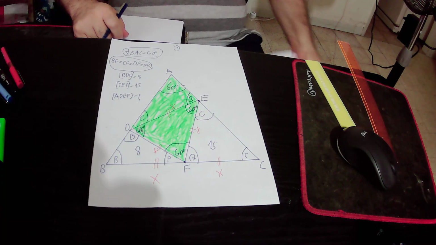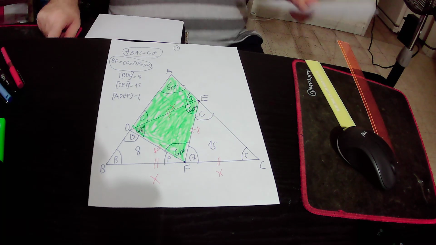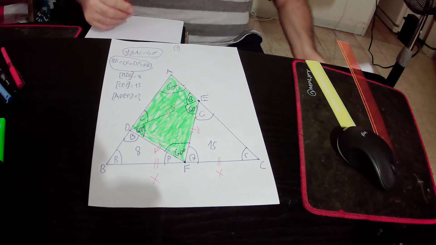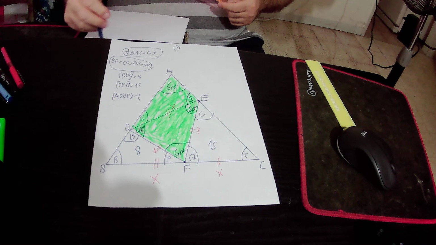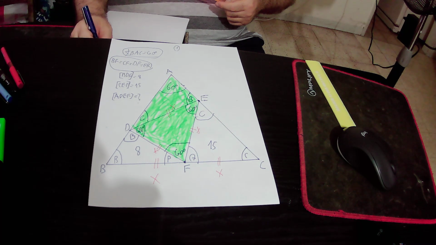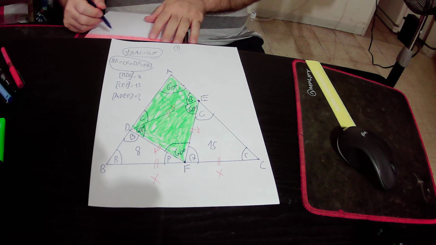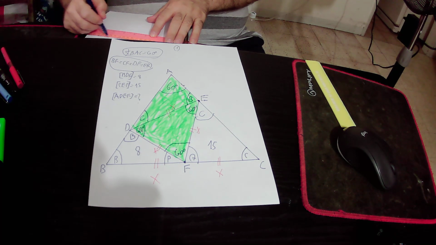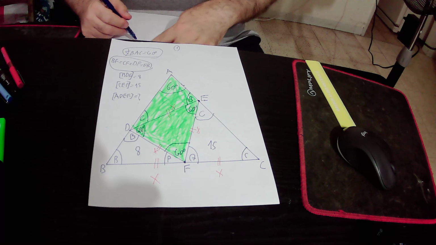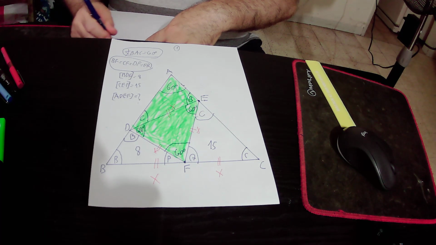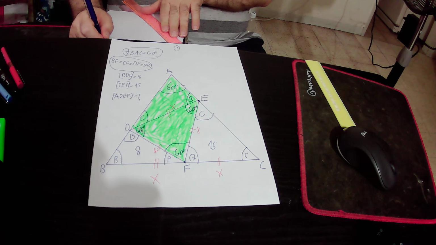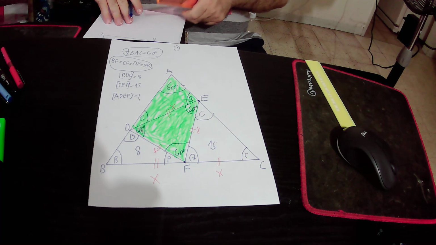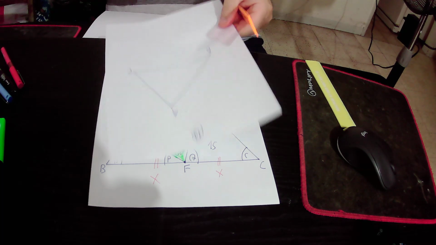So, actually, if we have triangle ABC, which can be any triangle, okay, so this is triangle ABC.